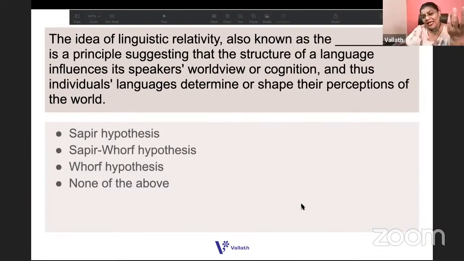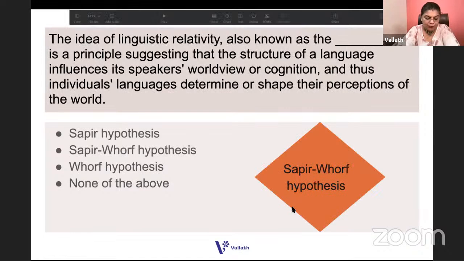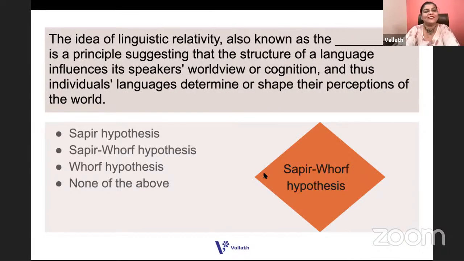Why you are like that is because you speak another language. That means individuals' languages determine their perceptions of the world. You think in certain ways because of your language. What is this called? It is Sapir-Whorf hypothesis. Everybody knows it.